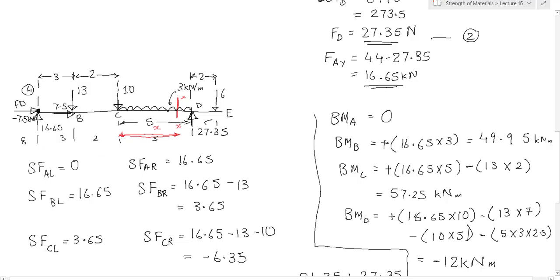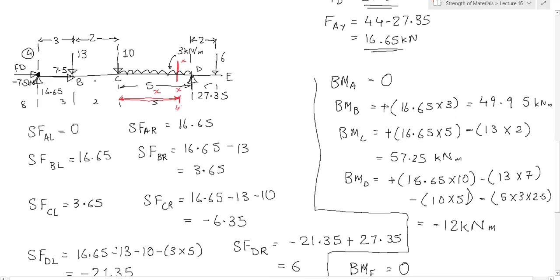I have to use 4.41. So over here this distance is 4.41 meters, right? So I know the point of contraflexure. Where is the point of contraflexure?